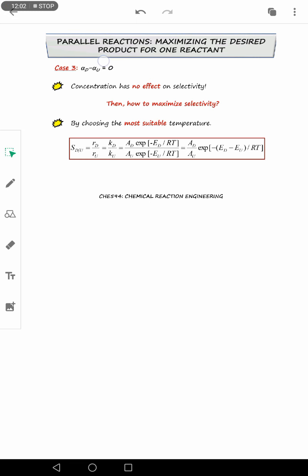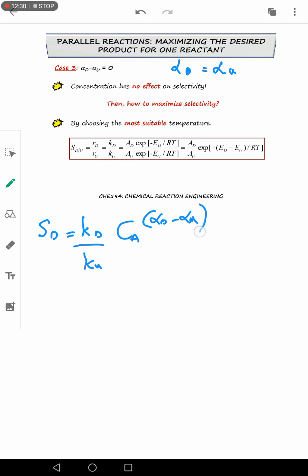kalau alpha D adalah sama dengan alpha U. Contoh order D adalah 1, order untuk U pun undesired adalah 1. So bermakna if this is the case, dia sama kan. So bermakna alpha D tolak alpha U equals to 0.